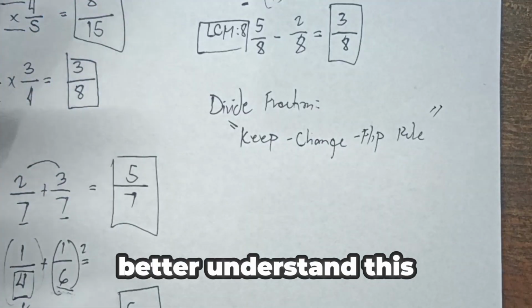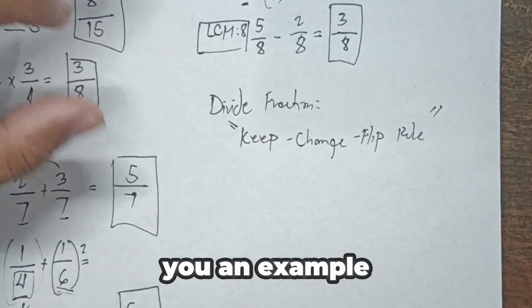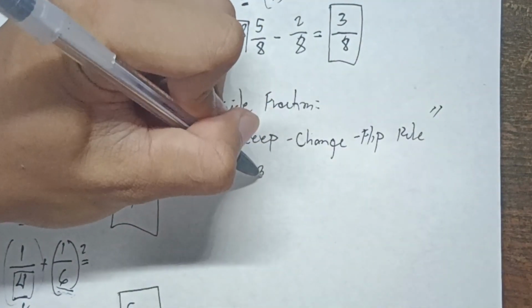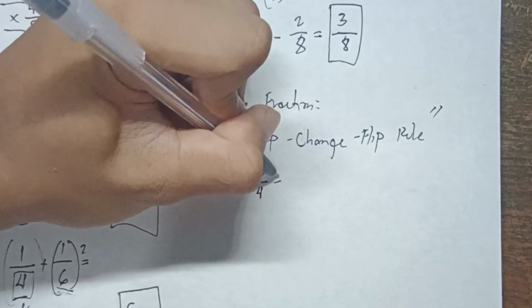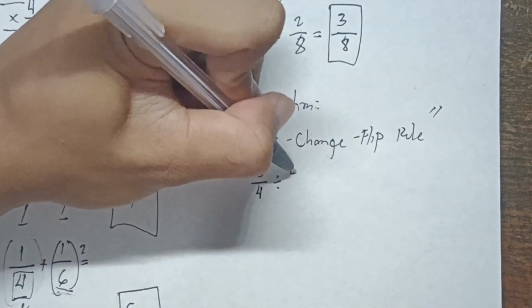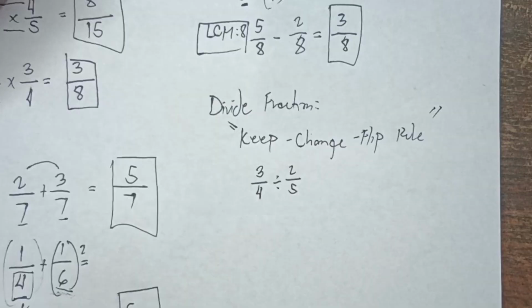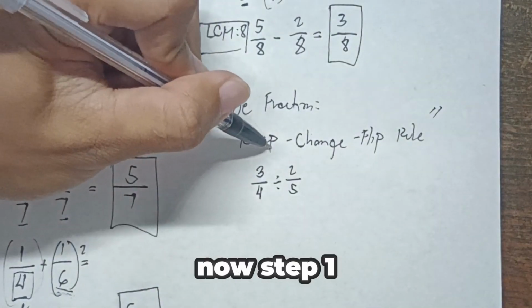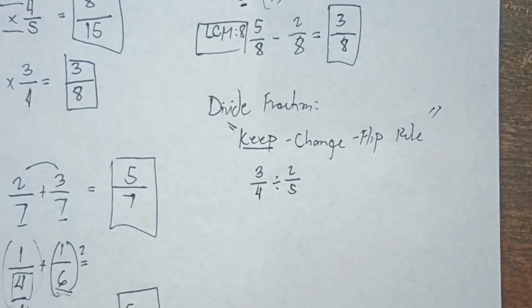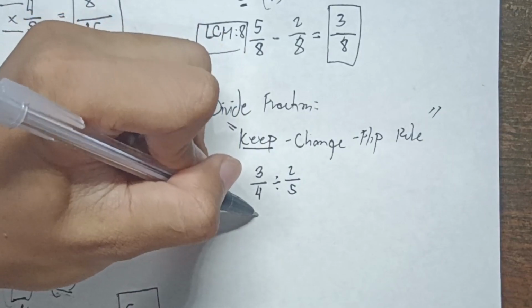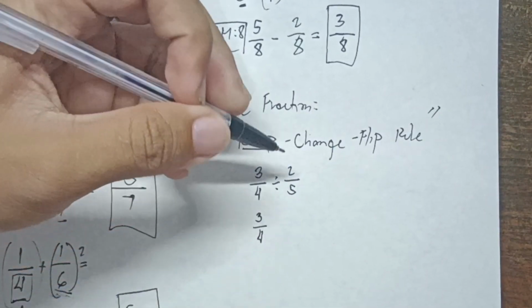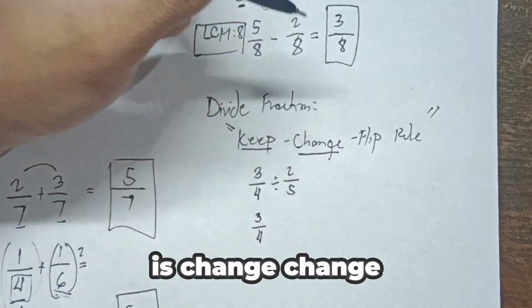Now, to better understand this, I'm gonna give you an example. 3/4 divided by 2/5. Step 1 is to keep the 3/4. The second step is change.